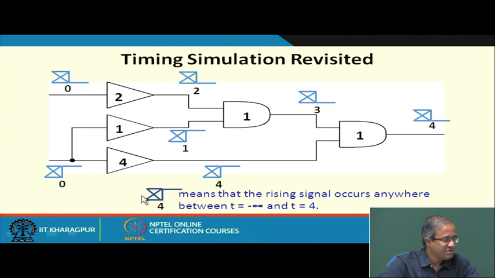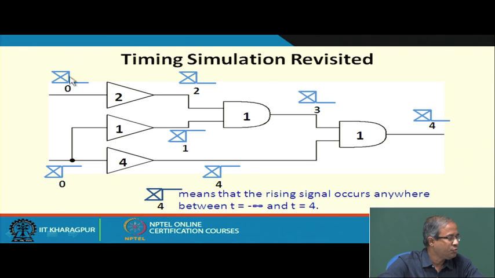So, if you follow this X value simulation, it can be shown that the problem that you are facing, you will not be facing anymore. Why? Let us say you are applying 0 here, you are applying say 1 here, and you are saying that previously it was x, that means this condition was true. This transition can happen anywhere in the past, not exactly at 0.